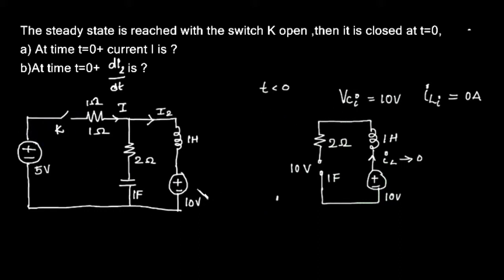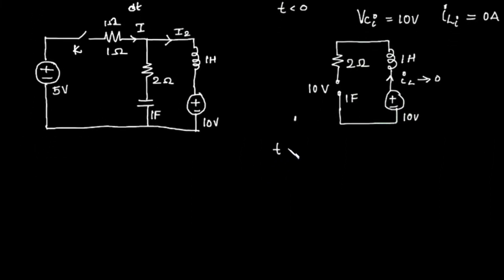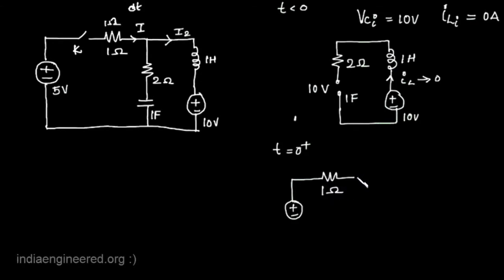Now what is the equivalent circuit once the switch is closed? That means for t greater than 0, we will draw the special case when t equal to 0 plus. We have the plus 5 volt source. Now the switch is closed. We have the 1 ohm resistance and the 2 ohm here.